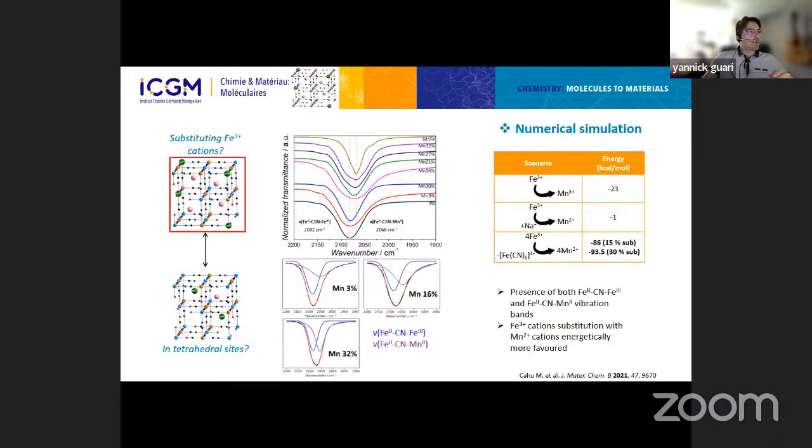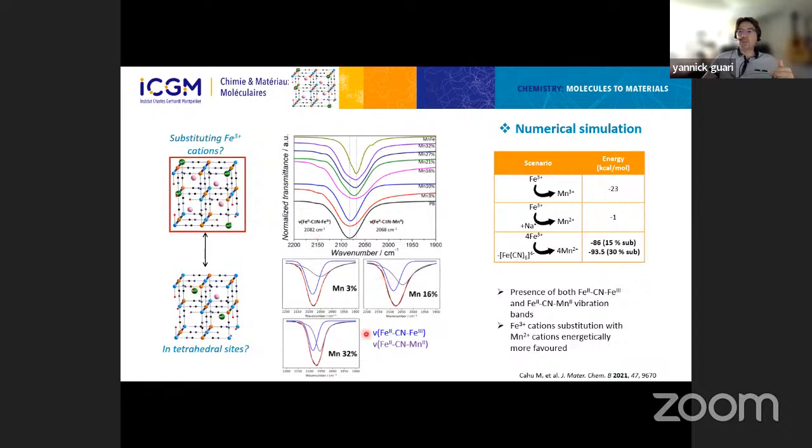The manganese can substitute the iron in the structure, here, substitution of iron in the structure, or it can be trapped in the tetrahedral sites of the structure.